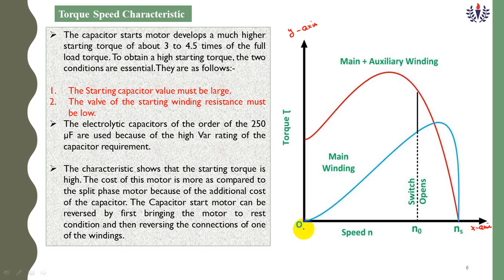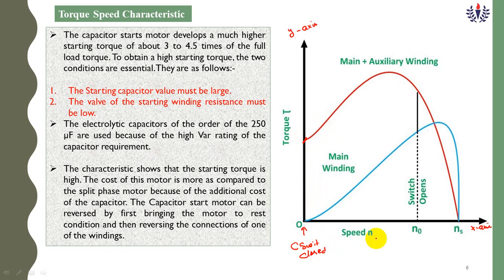At zero speed the centrifugal switch is closed. During that time we have a low starting torque, because when the centrifugal switch is closed, both the main winding and the auxiliary winding are operating.